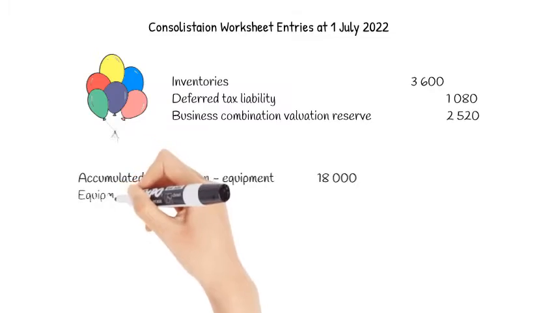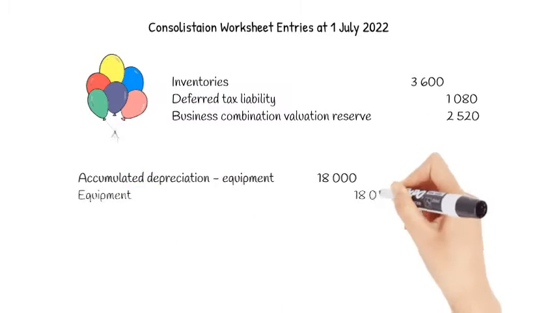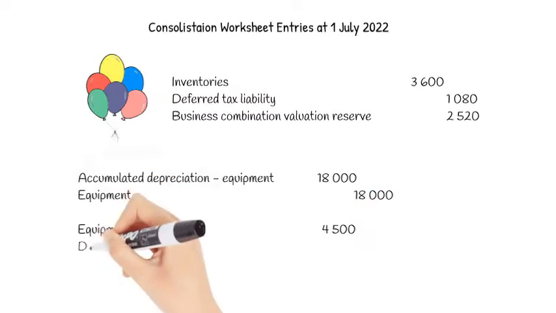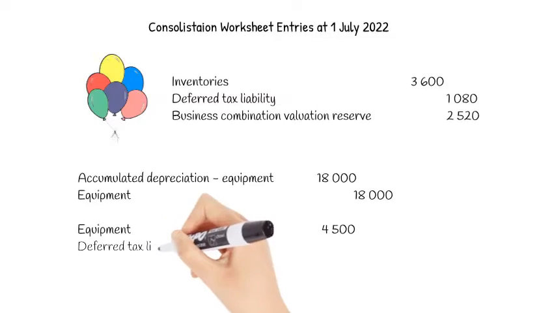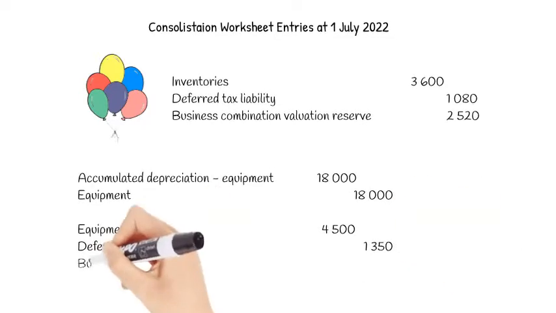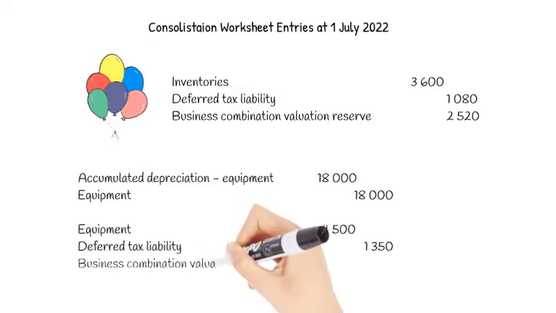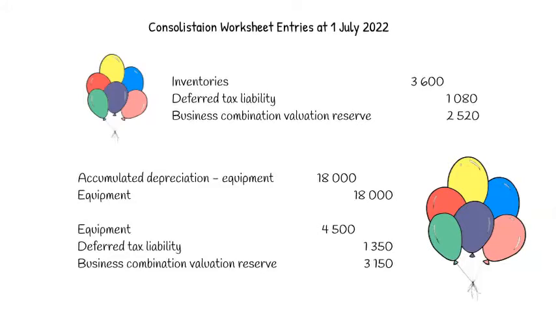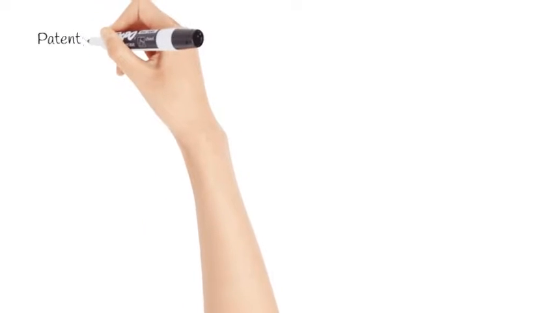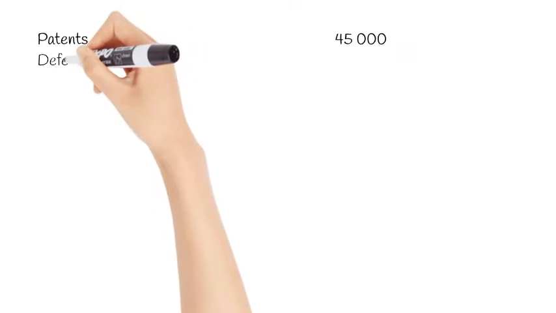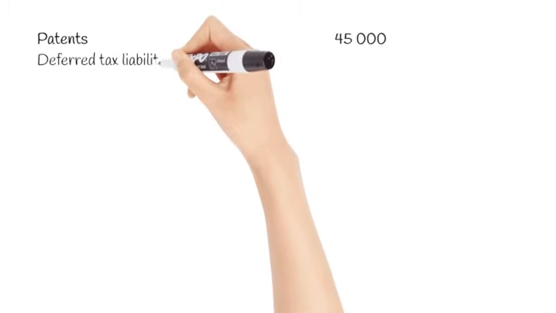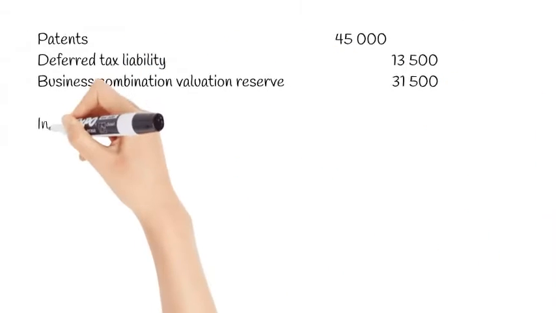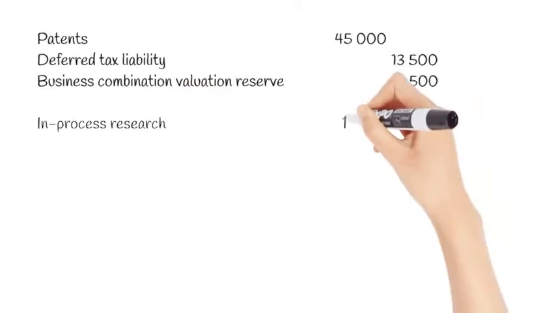However, because equipment being a non-current asset, we must first write back all the accumulated depreciation for the asset at date of acquisition before we account for the revaluation. So we have an upward revaluation by 4,500, therefore we debit equipment and credit BCVR by 3,150. The same applies to patents, where we debit patents by 45,000, credit the deferred tax liability, credit BCVR 31,500.